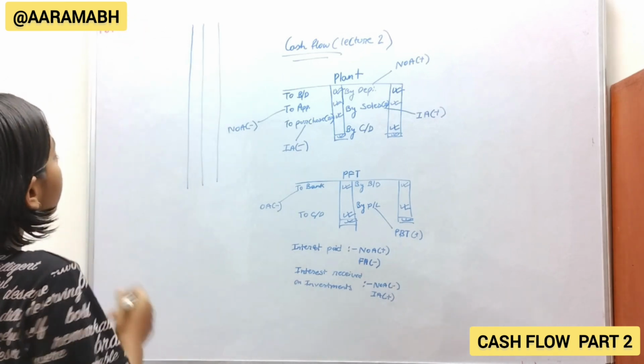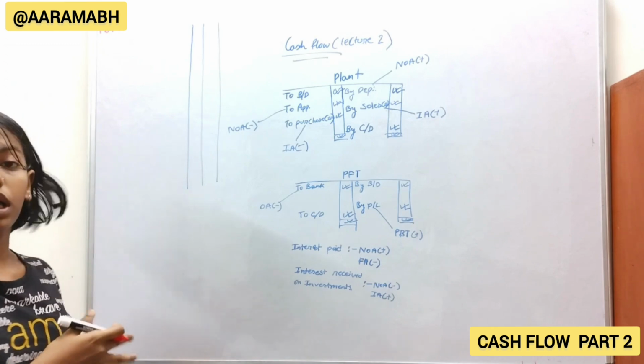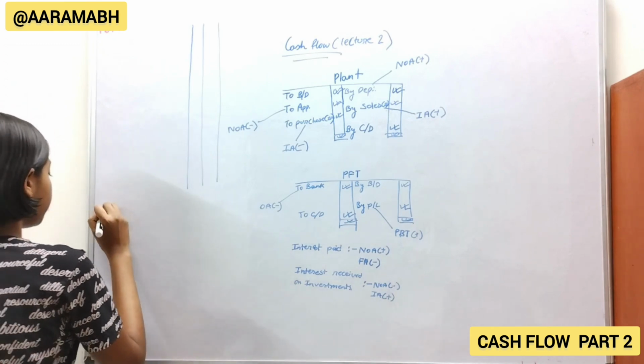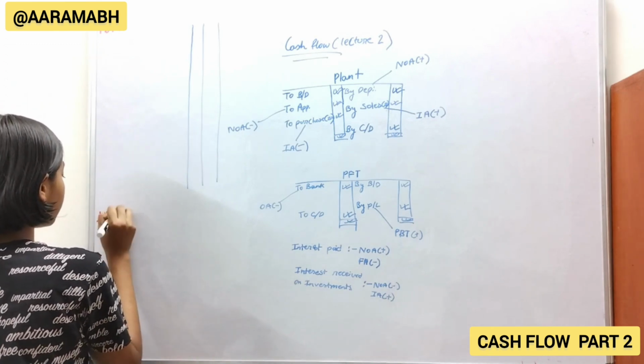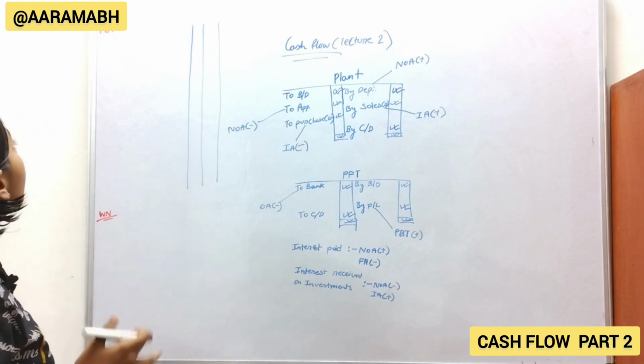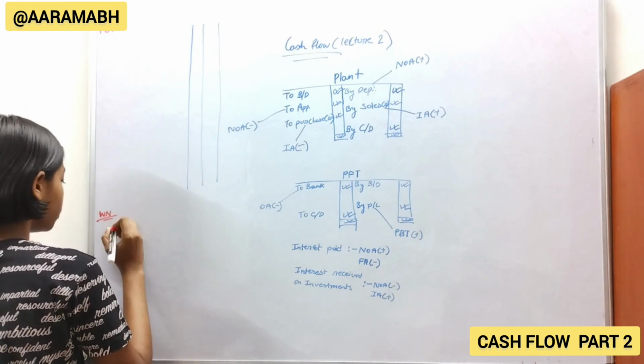So as you remember, in the last class I discussed how to calculate PBT. We made a working note for the same, which I'm going to recall for you all right now.